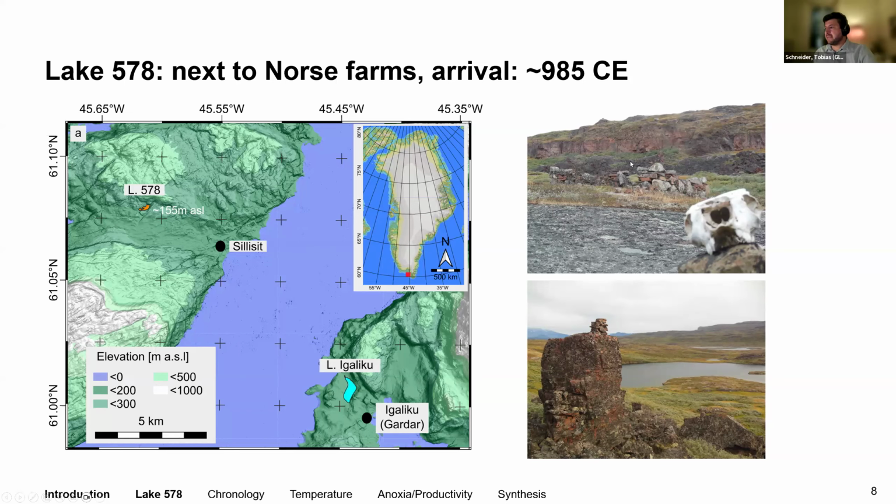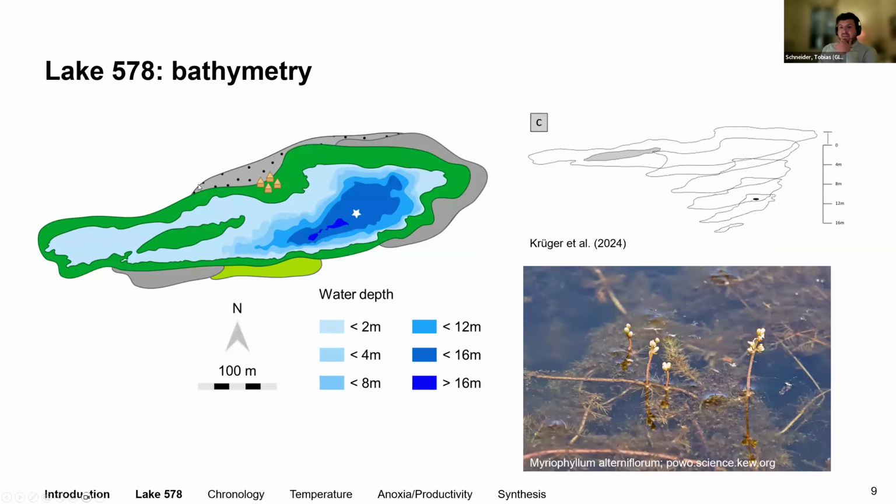And yes, the bathymetry of the lake is rather small. However, what's striking is this huge area. So the darker the color, the deeper the water column. And what's striking is this huge area of relatively shallow water. It's only 2 meters water depth.